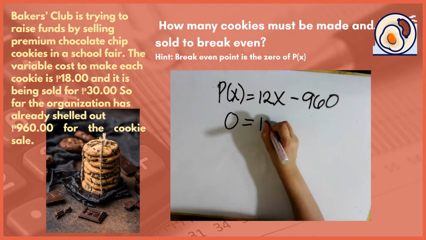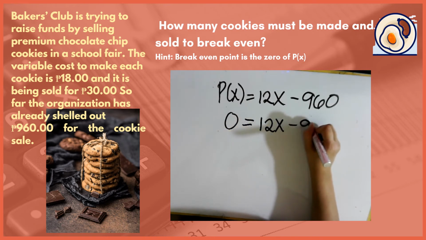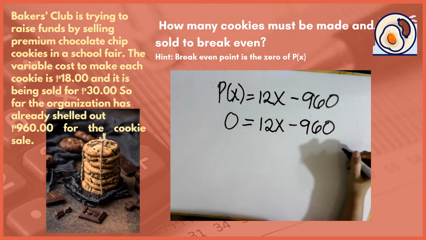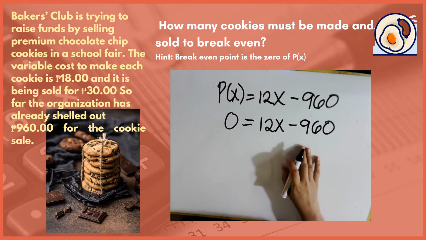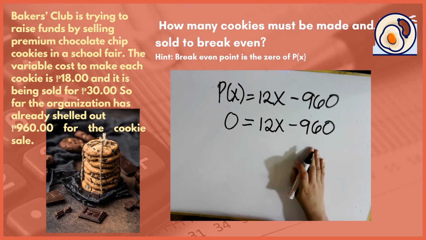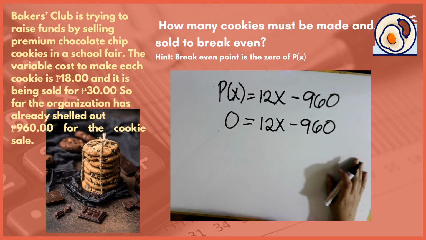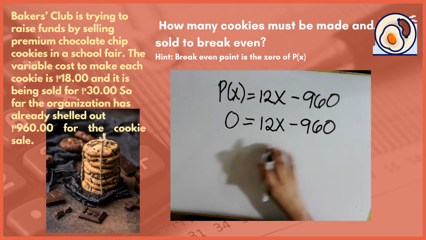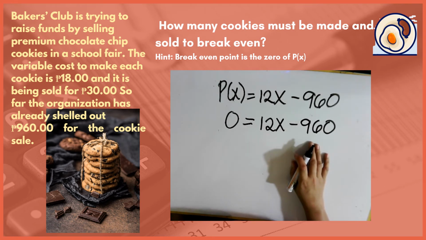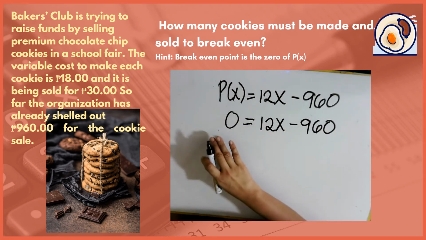So, 12x minus 960. The next step here is to add 960 on both sides. O kaya, yung tinatawag nating transposition. So, yung negative 960, itatranspose sa left side.